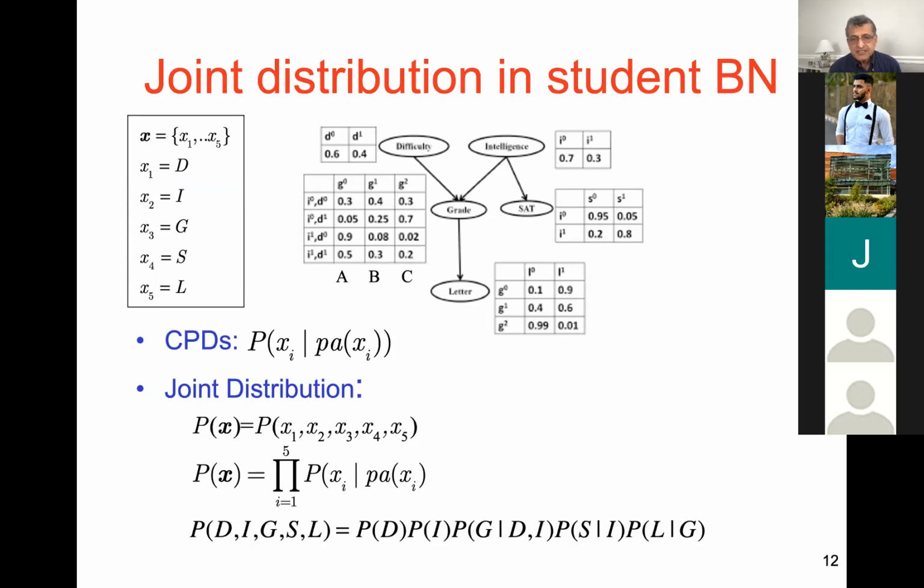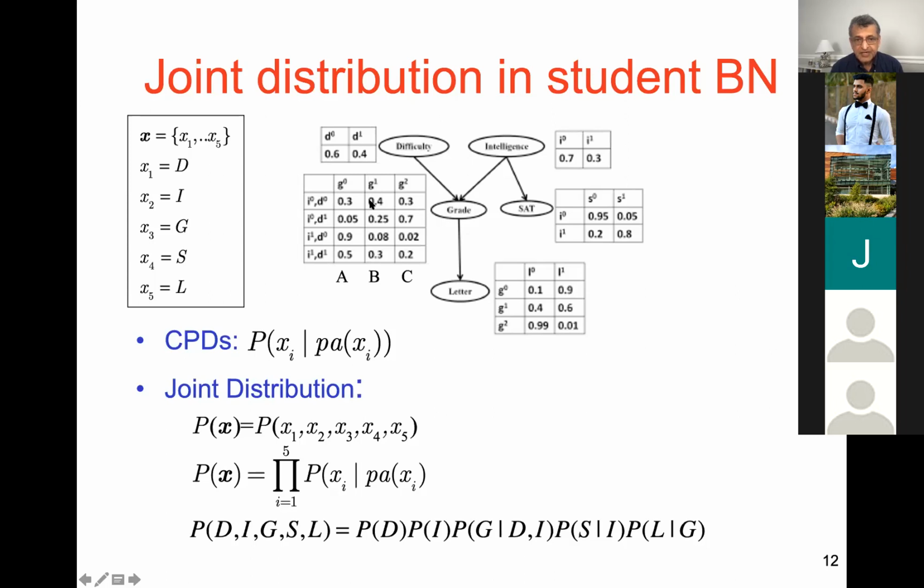And in this Bayesian network, which is a directed acyclic graph here, we have only encoded conditional distributions. Of course, when the node doesn't have any parents, it will have only a marginal distribution, like difficulty is D0, D1, and intelligence is I0, I1. Grade has 2 parents, difficulty and intelligence.